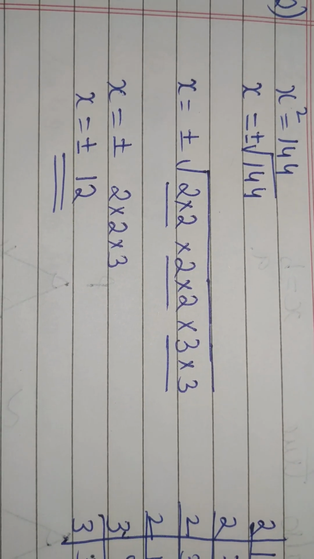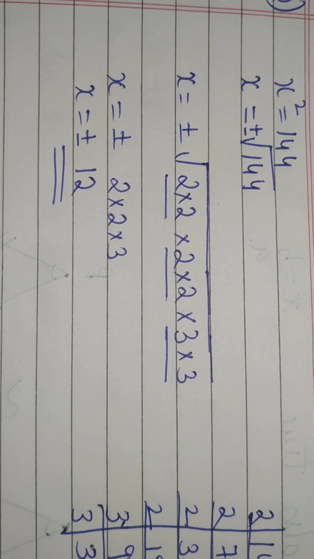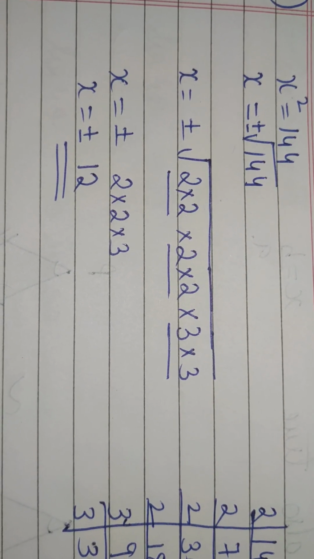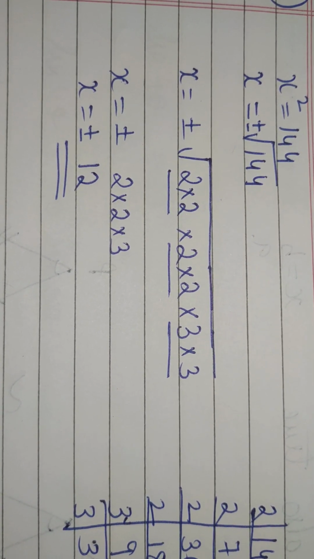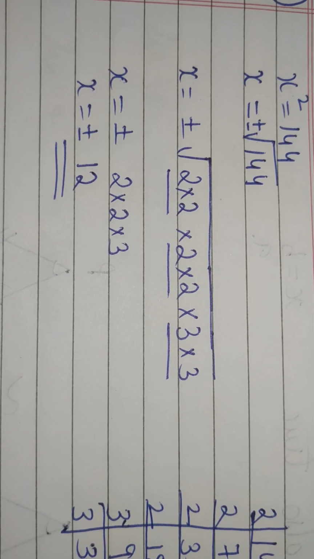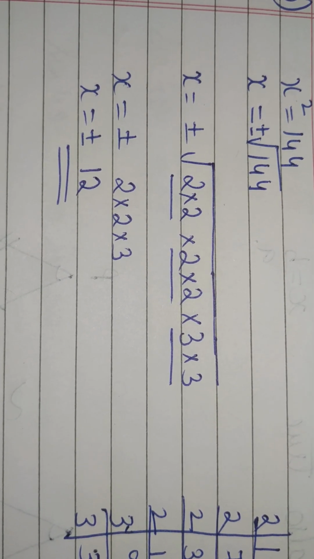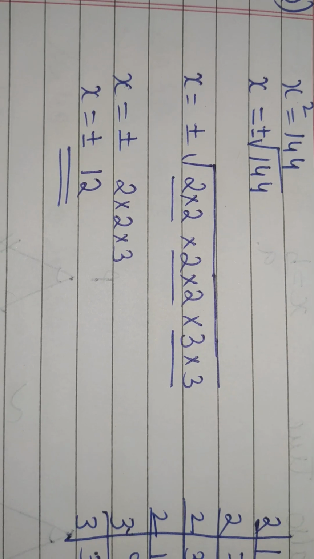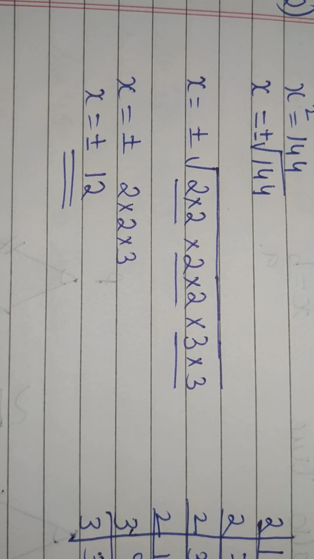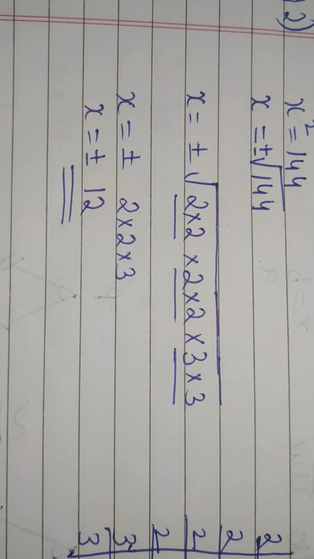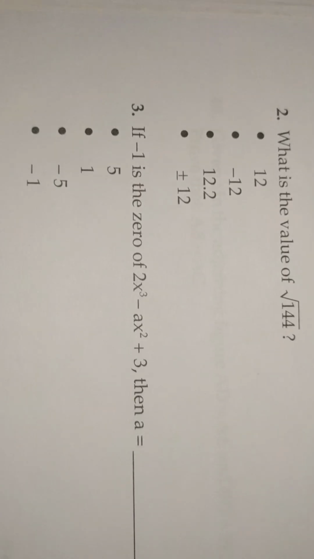So x is equal to plus or minus root 2 multiplied by 2 multiplied by 2 multiplied by 2 multiplied by 3 multiplied by 3. If we have a pair, one time we have to write it. So 2 multiplied by 2 multiplied by 3.